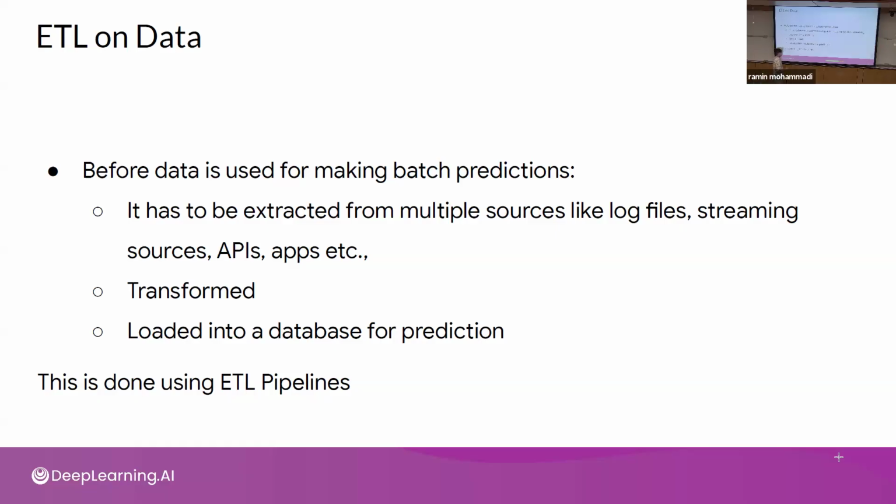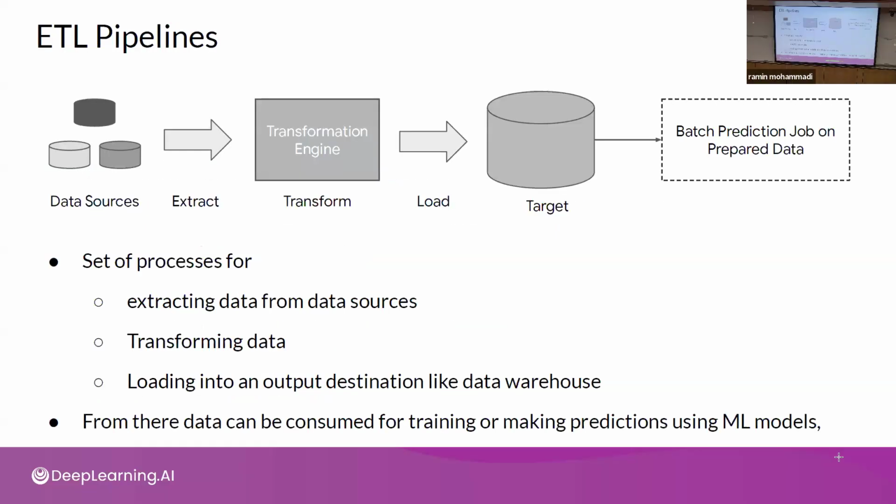Think about the ETL part: you have extract, transform, and load. For the extract, you have different data sources. Let's say I have an app, and I'm doing something like Uber, providing a service.